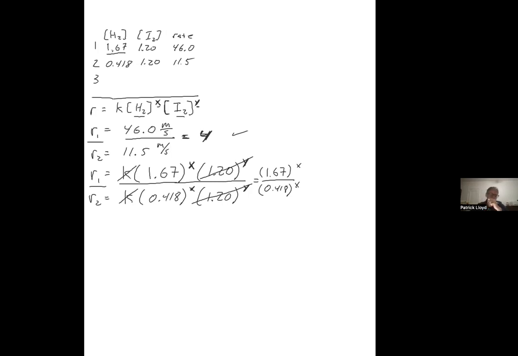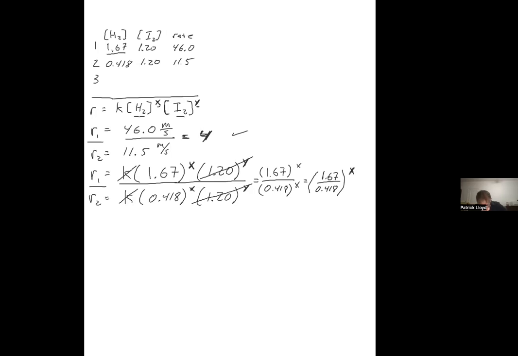Now, there's a couple of rules of exponents, and one of them is if we have the same exponent for these two values, in this case X, we can simplify this. We can put the bases directly into the parentheses and then just have one exponent on the outside.